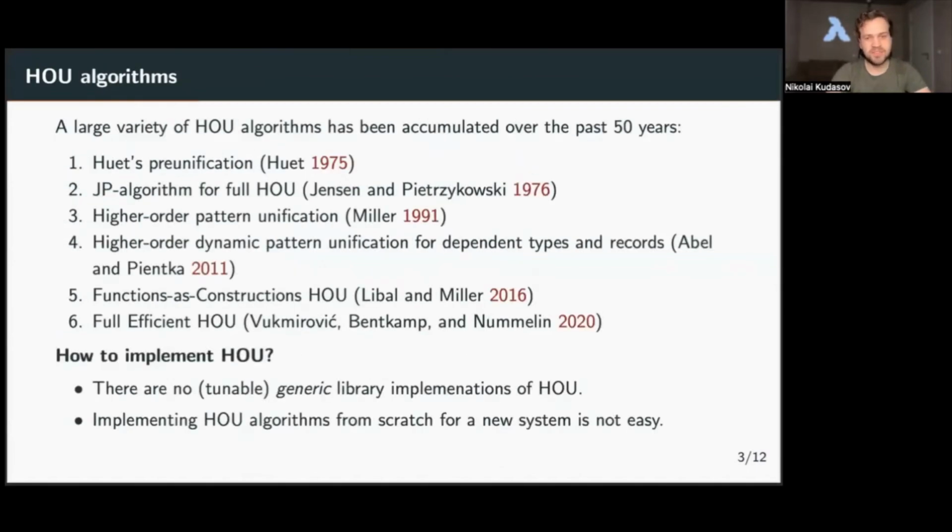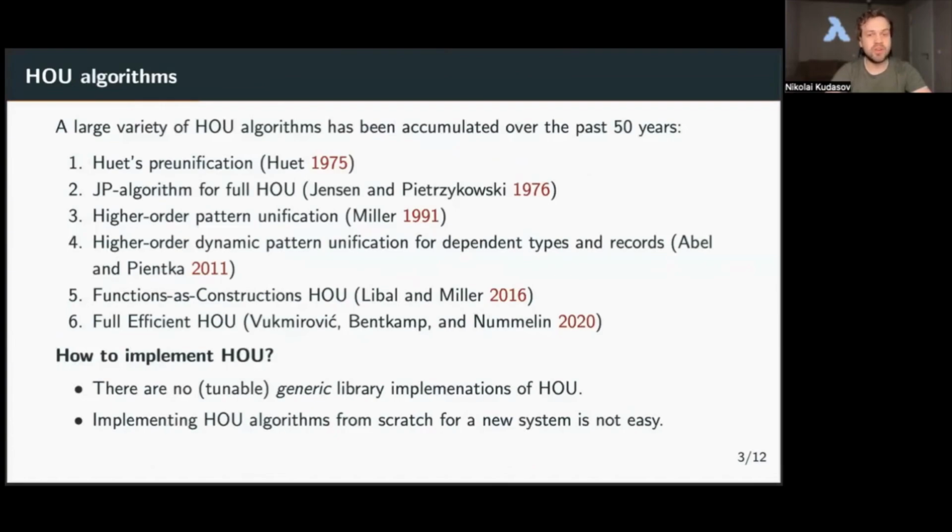Now, in the past 50 years, a multitude of higher-order unification algorithms has been accumulated both in the literature and in various implementations. Huet's preunification algorithm and Jensen and Pietrzykowski's full higher-order unification algorithms are perhaps the first and most well-known. Miller's higher-order pattern unification limits the kind of unification problems that we're trying to solve to a decidable and unitary fragment that can be processed efficiently.